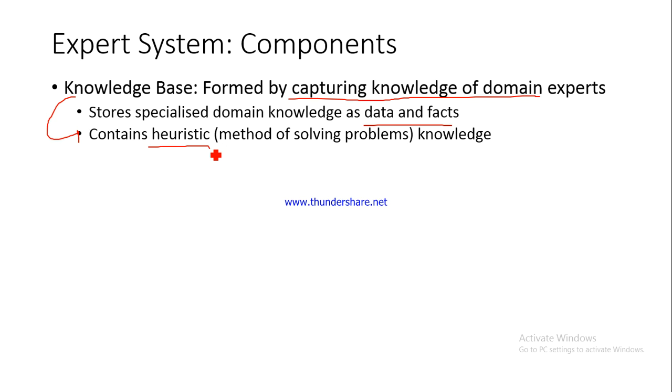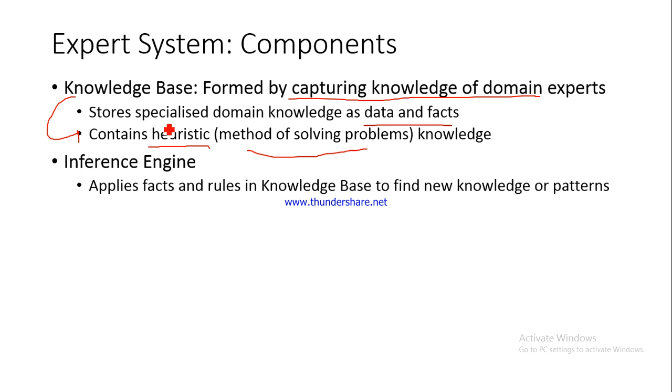So you have adopted a shortcut to find him, right? So this is an example of a heuristic. These are mental shortcuts that we adopt to solve the problem in a more efficient manner, right? So the knowledge base will also contain heuristics, the shortcut methods of solving problems, and this knowledge would also be stored in the knowledge base.